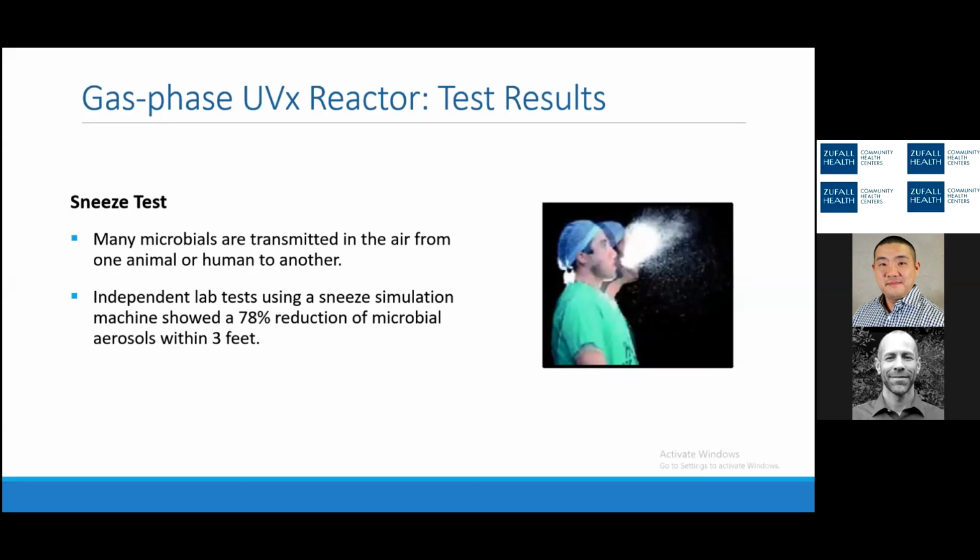It's an active air purification process. So rather than trying to pull the aerosols generated by a sneeze through a filtration device, the gas phase PCO reactor sends the air cleansing molecules out to the source of the contamination, or where the aerosols are actually being produced.